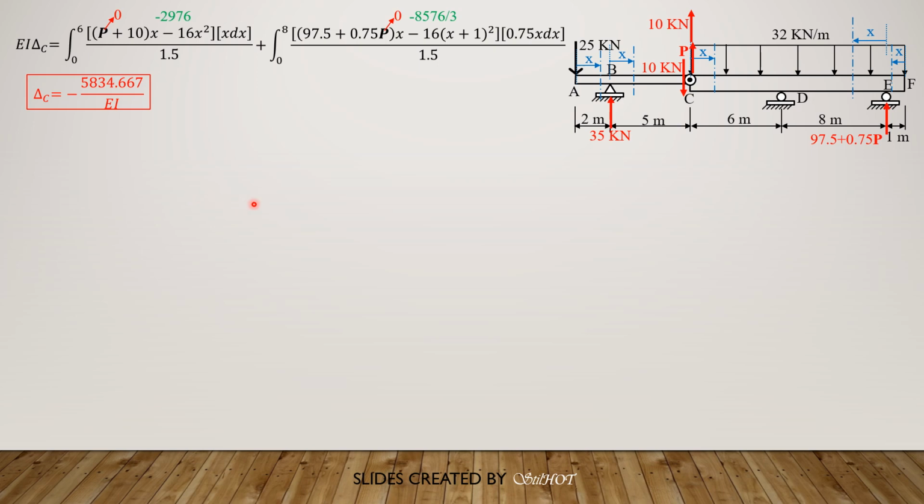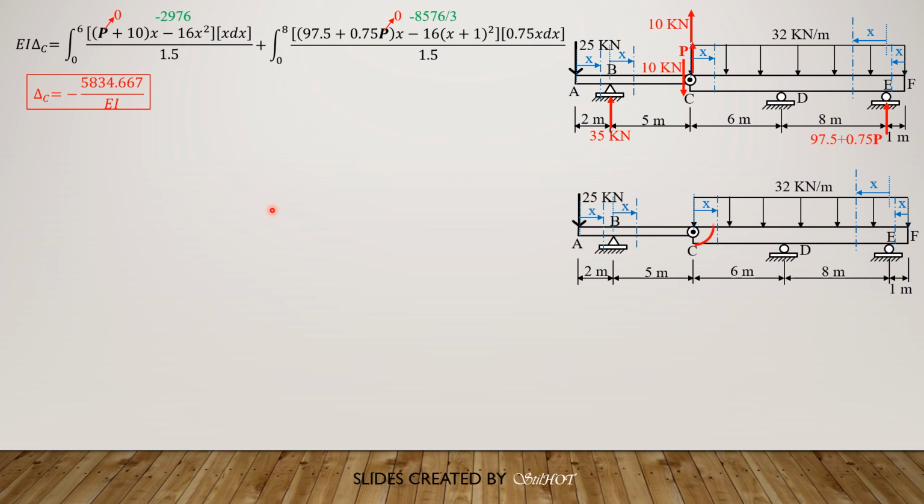The next is we apply a unit positive counterclockwise couple at C, just to the right. And again, the reaction here is not a function of C because the couple is not involved if you isolate ABC, because the couple is applied just to the right. So that's 35 kilonewtons here, downward 10 kilonewtons, then 10 kilonewtons upward.